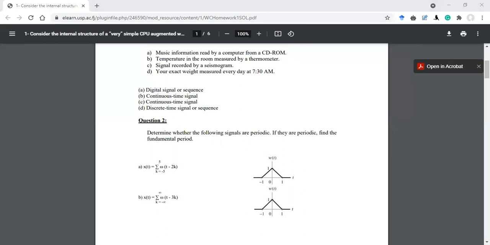Emily, do you think this signal over here, question 2A, is it periodic? Zeo, what do you think? Is it periodic? Yes, sir.